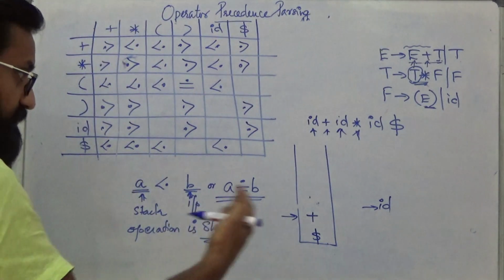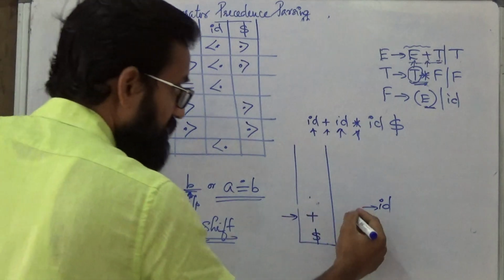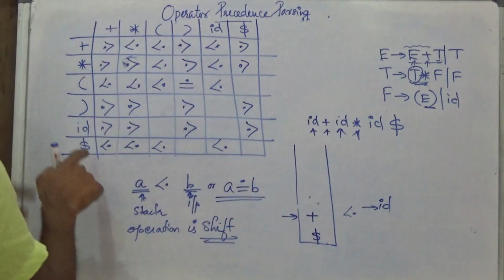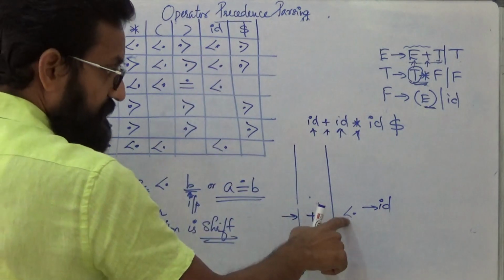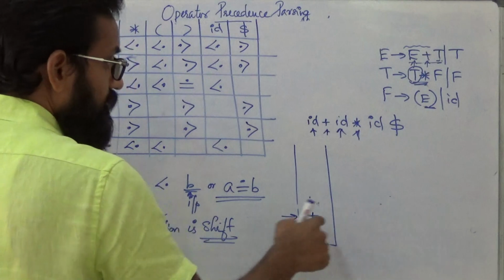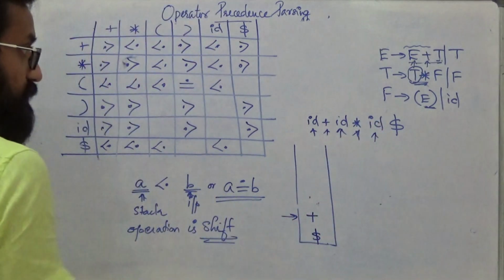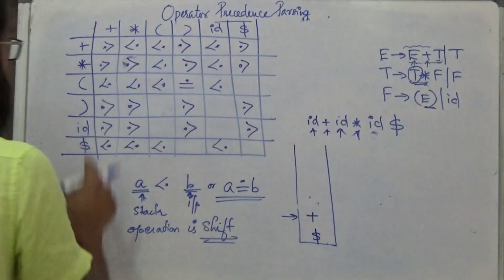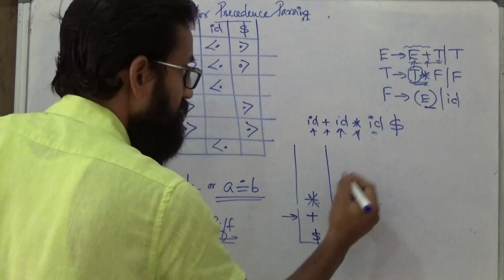You perform this pop operation until the content on top has lesser precedence. So plus ID: the relation is lesser precedence, so the pop operation will stop there. Now plus star. Star has higher precedence, so star will be pushed.